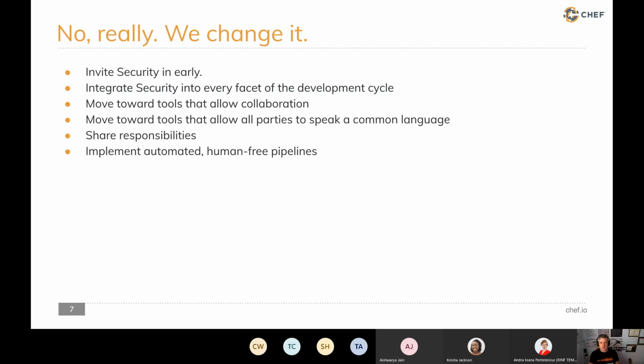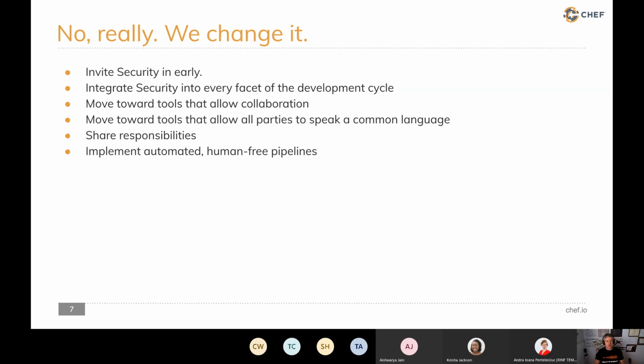This doesn't mean that the security folks have to write low-level assembler code, but what it means is have a simple, effective, standardized way to codify their standards and requirements. When we codify that and we generate that into a reusable artifact that other people can consume, now it becomes much easier for other people to take that piece and integrate it into their additional processes.